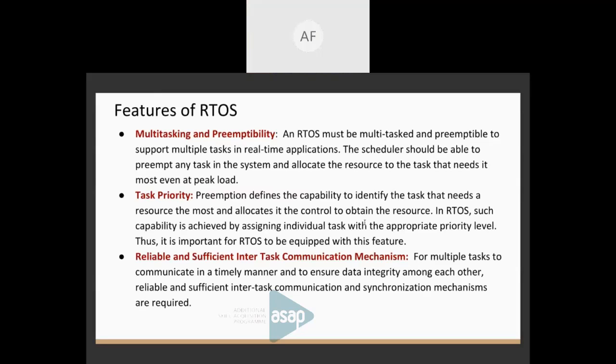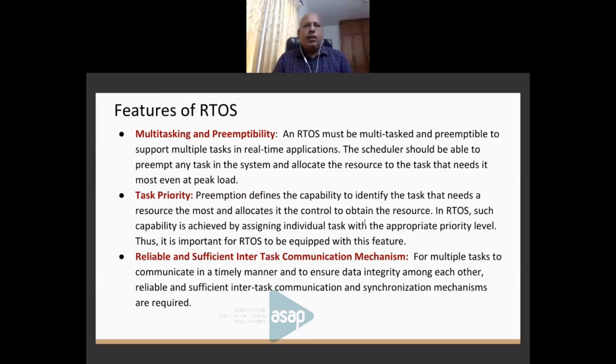So let us understand the features of RTOS. As I told, multitasking. Because as an application programmer, you can write code in a monolithic fashion from top to bottom. But then it becomes very difficult for you to fine tune the performance of your application. So what typically people do is a long program, they will split into multiple tasks based on the functionality.